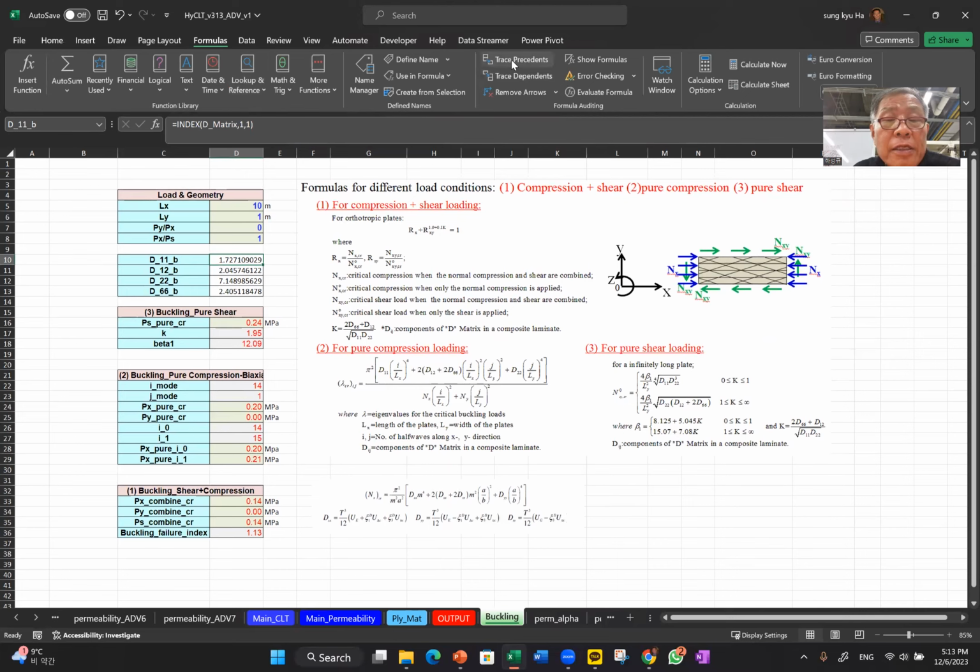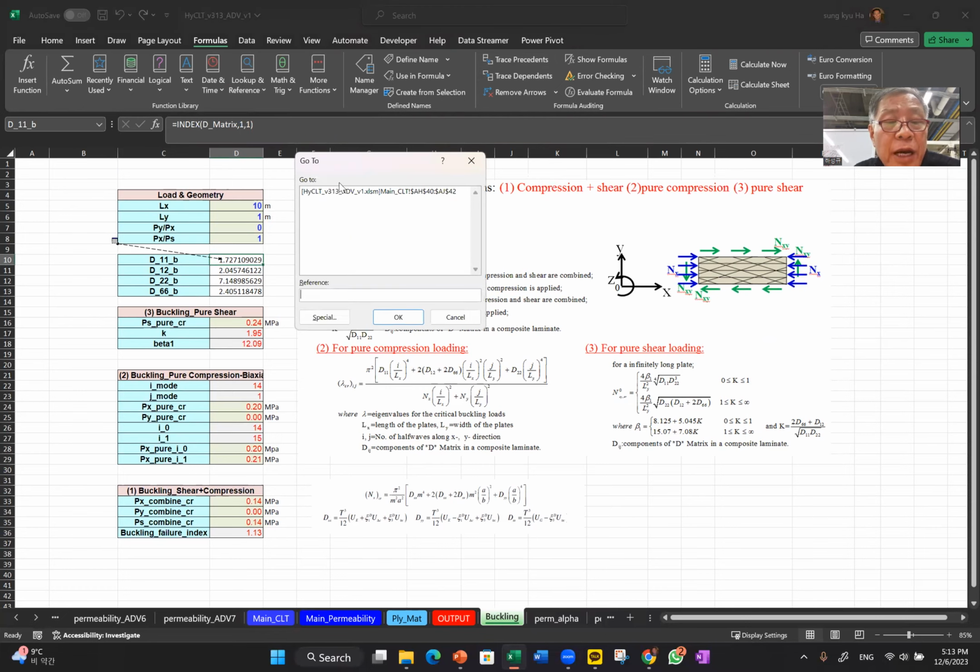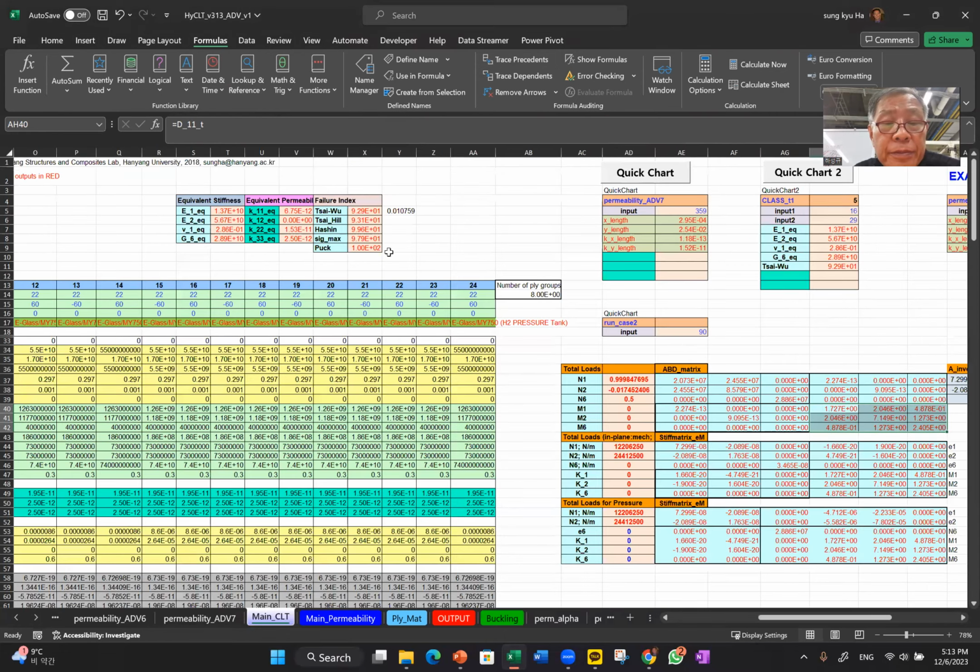This comes from D11, D12, D22, the bending stiffness. As you can see, this is a bending related property, so that would be determined by the layup sequence.